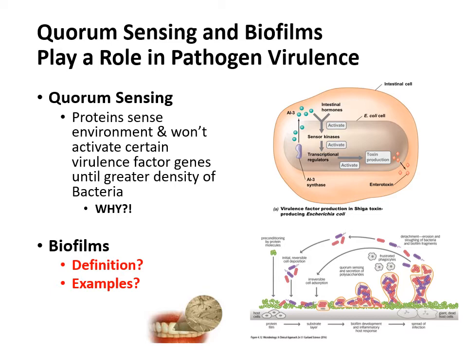Now, why would a bacteria want to wait until it senses the environment around it and knows that there are a lot of other bacteria around it before it starts activating genes and producing proteins?